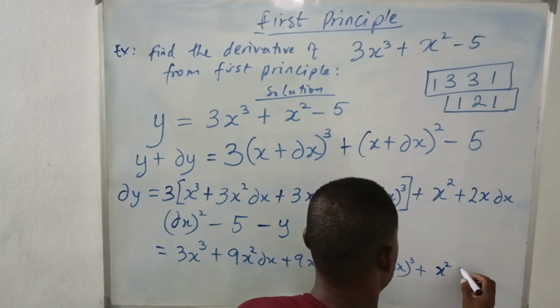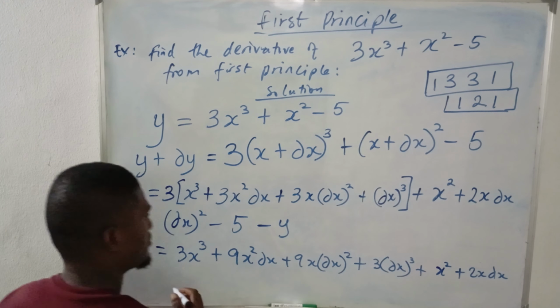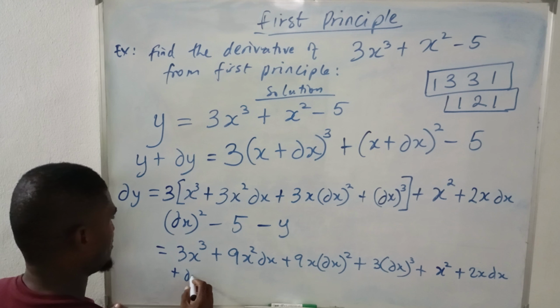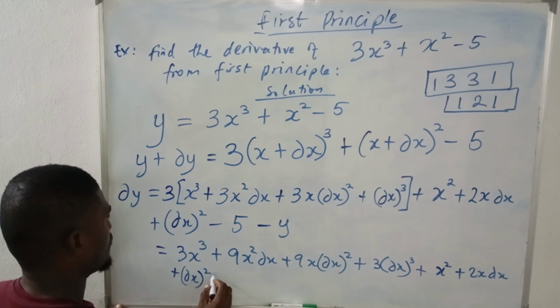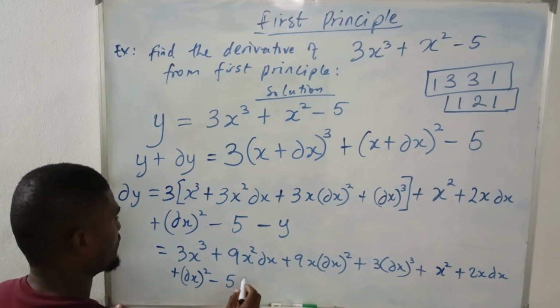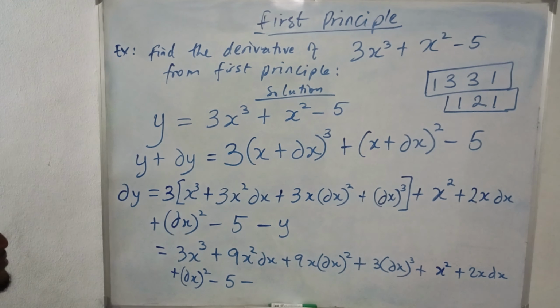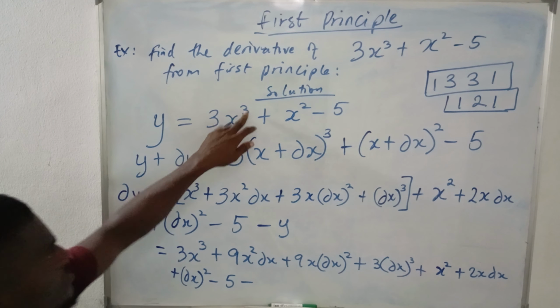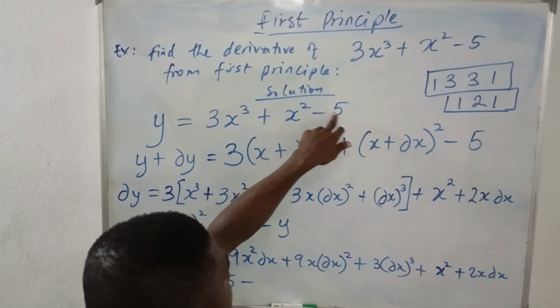x to the power of 2 plus 2x dx, then plus dx to the power of 2, minus 5, minus y. What is y? y is 3x cubed plus x squared minus 5.